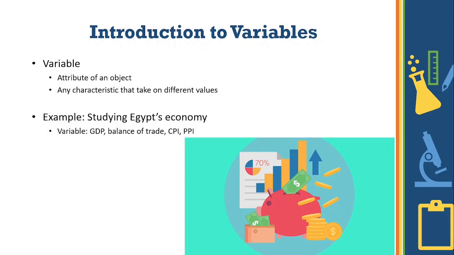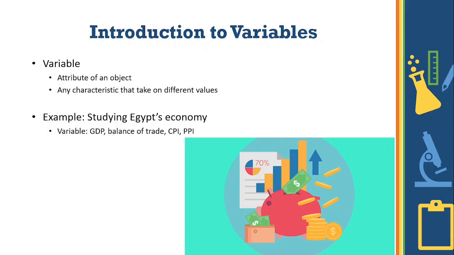The building blocks, or the indicators that you study as part of your analysis, are the variables. In this case, the variables are GDP, balance of trade, CPI, PPI, or other economic indicators.